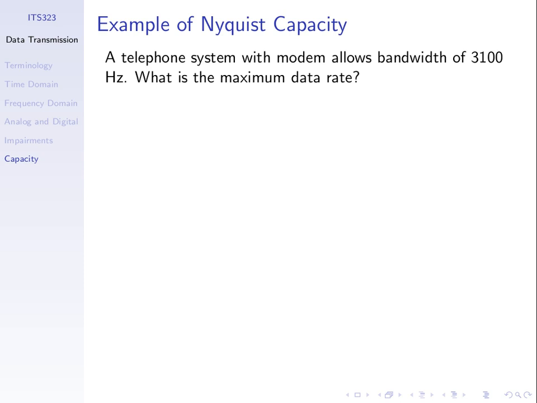Again, 6,200. Simply, we have a bandwidth of 3,100 hertz. The Nyquist capacity equation is 2 times the bandwidth times log base 2 of M. 2 times 3,100 times log of 2 in base 2 is what?